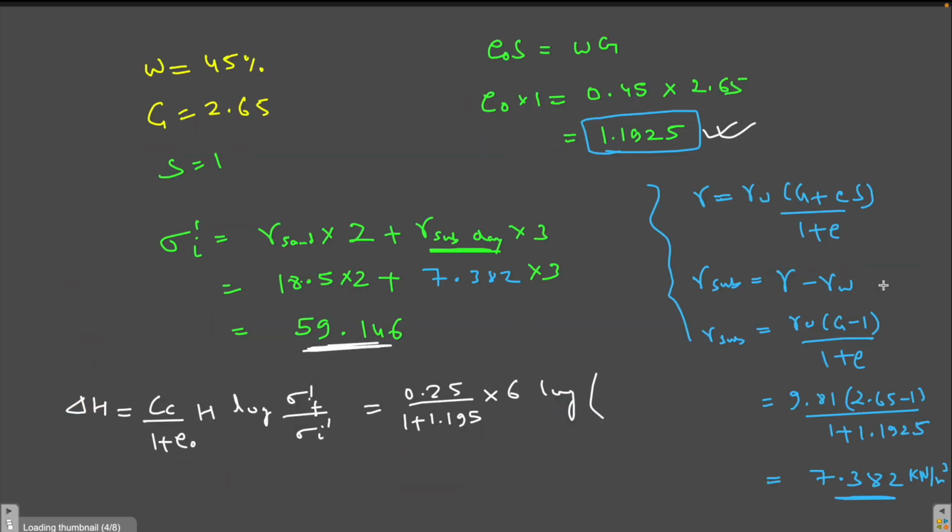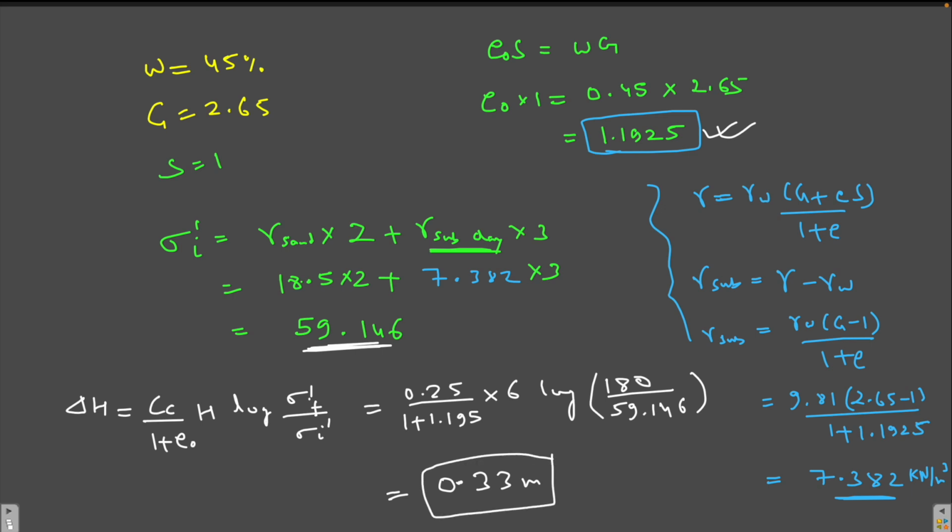So 180 by sigma dashed initial, which is 59.146. If you solve this, you will get the answer as 0.33 meters. This is the final answer.